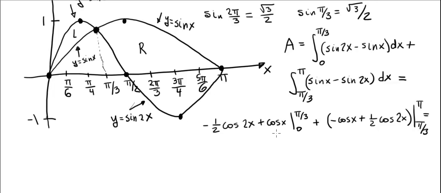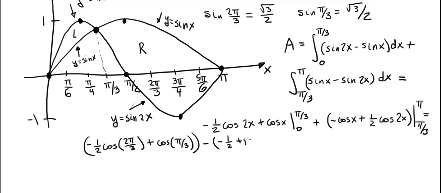And let's carefully evaluate this. So plugging in pi over 3, we get minus 1/2 cosine of 2 pi over 3 plus cosine of pi over 3, minus, plugging in 0, cosine of 0 is 1, so that's minus 1/2 plus 1. That's the first integral.